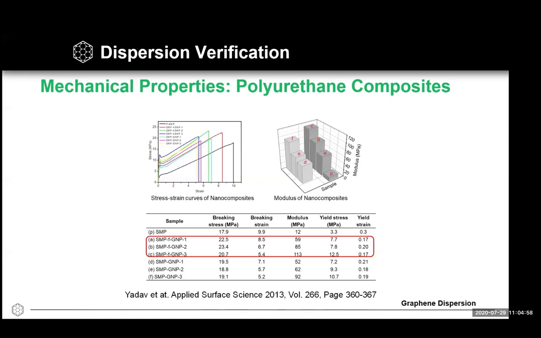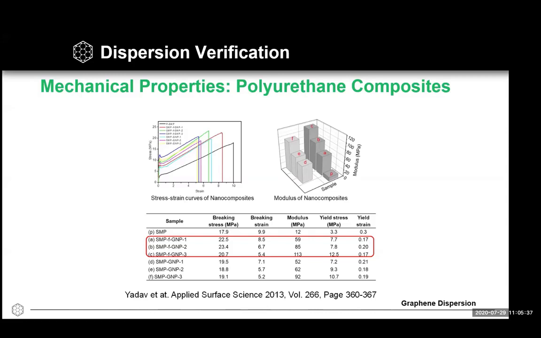Here we have an example where we take a functionalized graphene, and raw graphene, and add them to a polyurethane elastomer, and we observe a very high modulus enhancement, several-fold, and other properties also. With loading up to 3%, we could achieve a modulus of 113 megapascal.